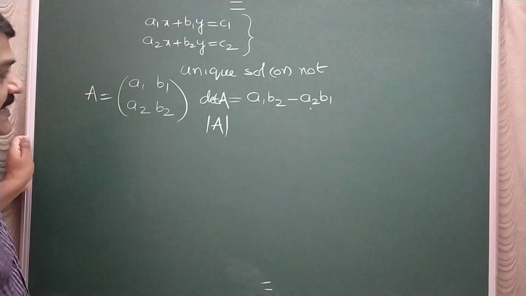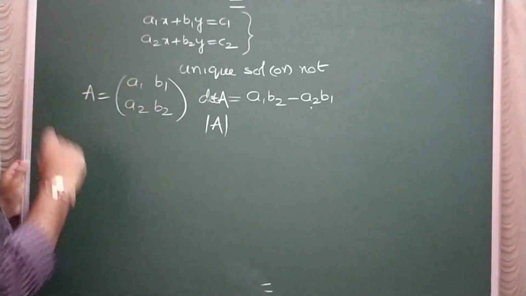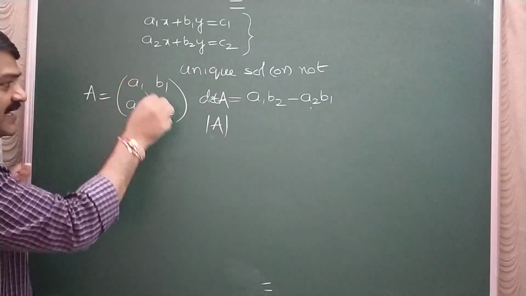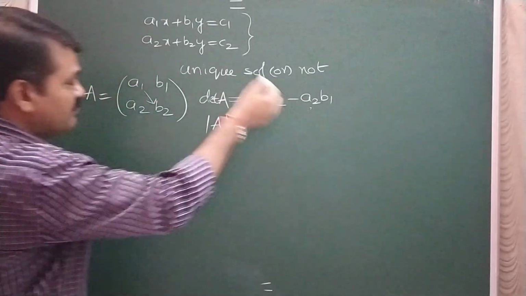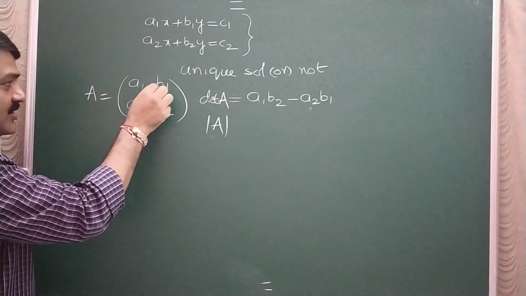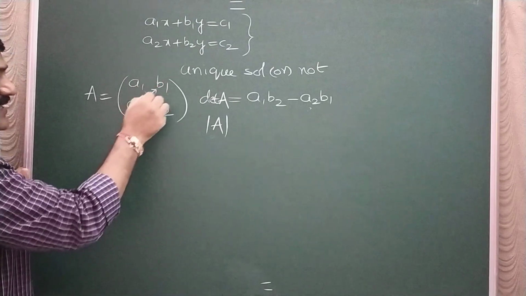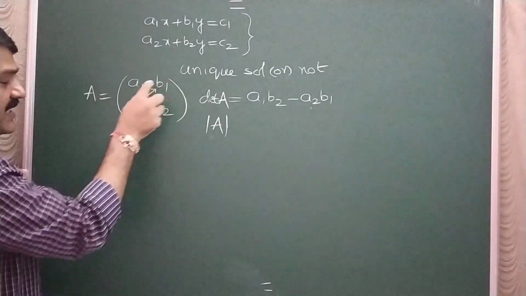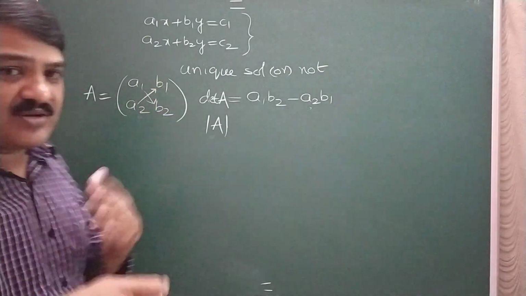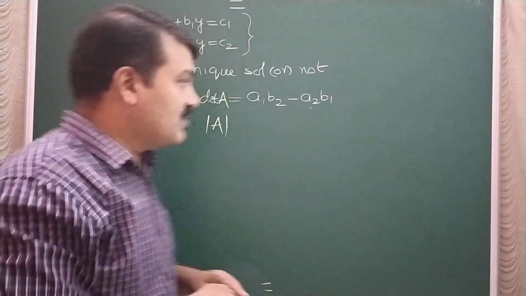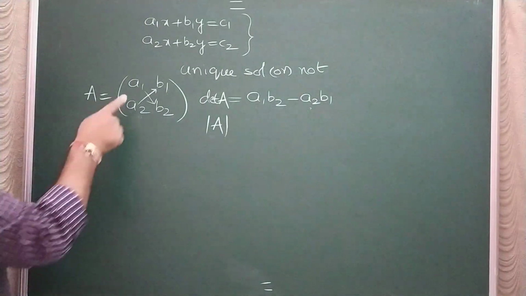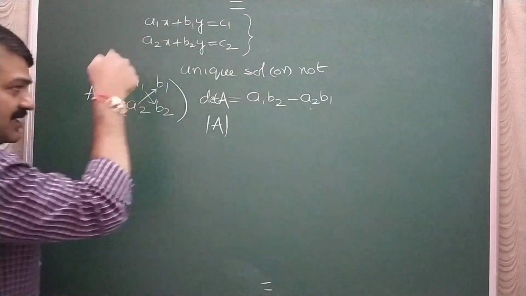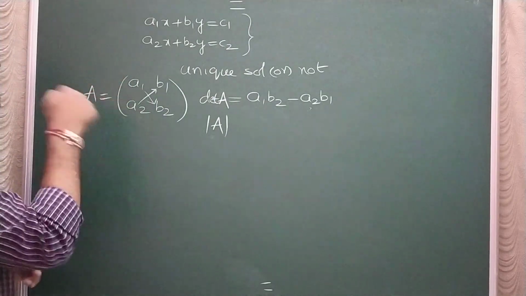The determinant of a 2 by 2 matrix is nothing but the product of the diagonal elements a1 b2 minus the product of secondary diagonal elements a2 b1. Just like the crisscross method we will do. In solving equations, a1 b2 minus a2 b1 is nothing but the determinant of this 2 by 2 matrix.